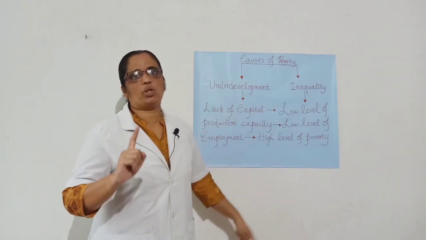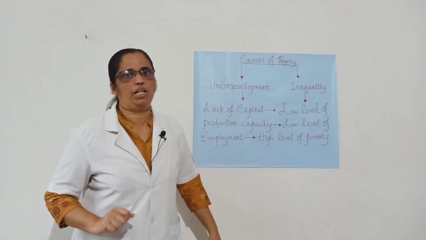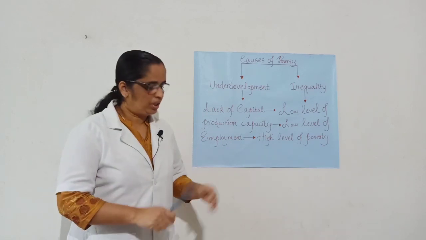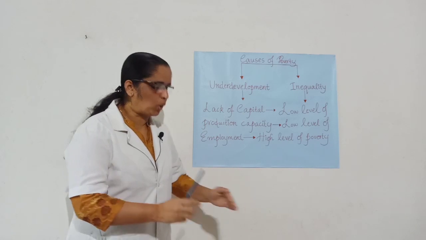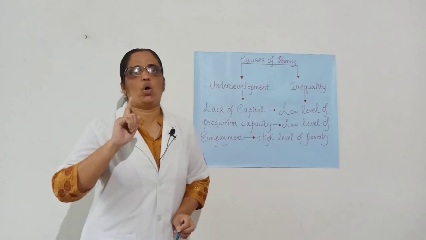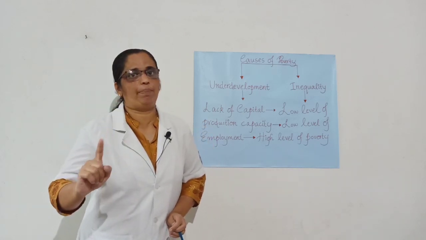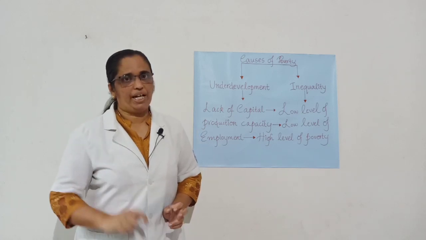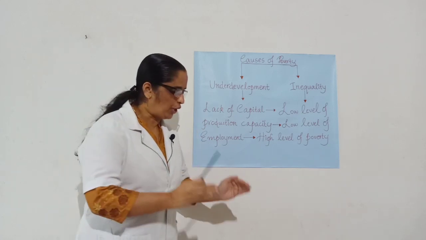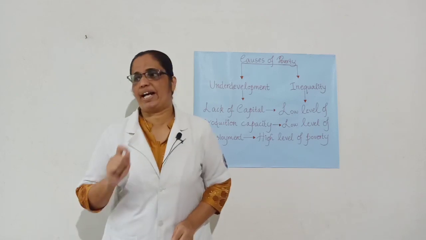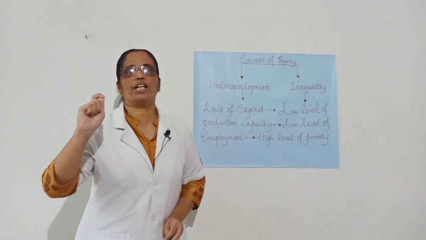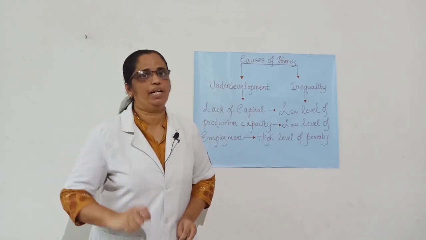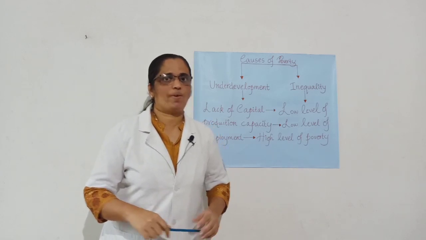In India, we have chronic inequality. For example, if you refer to the 20% low income group, you can see that only 8% of the national income is owned by them. And if we refer to the 20% high income group, we can see that almost 46% of the national income is owned by them. So what happened?